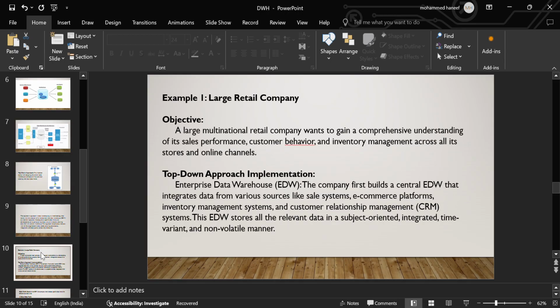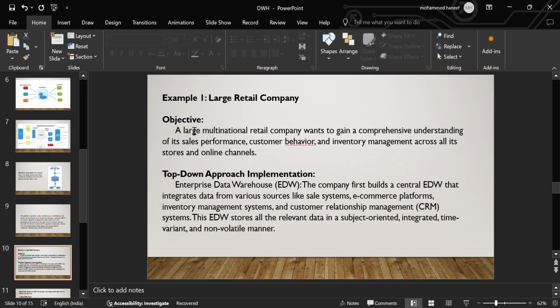Now, I have to take one example to show you how this is useful. Take a larger retail company, any larger company. In the market you have Dell, or General Electric, and different companies who manufacture and do wholesale and retail.